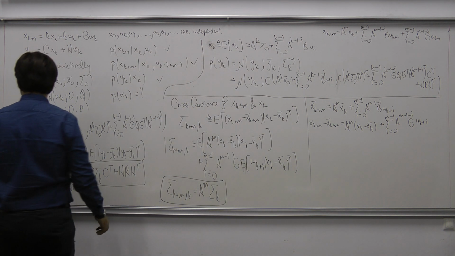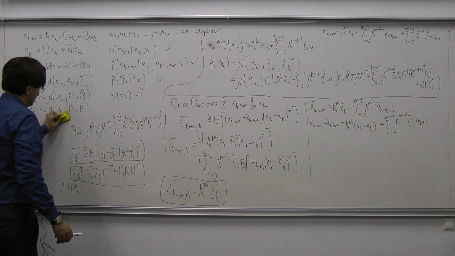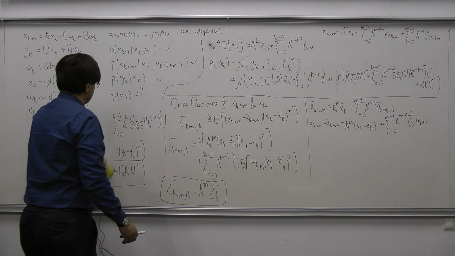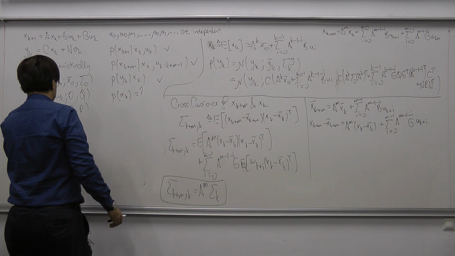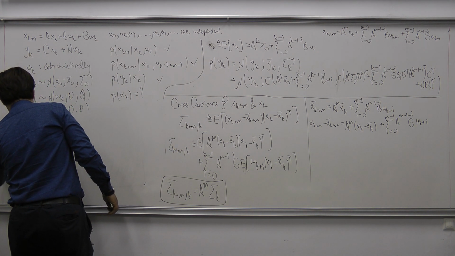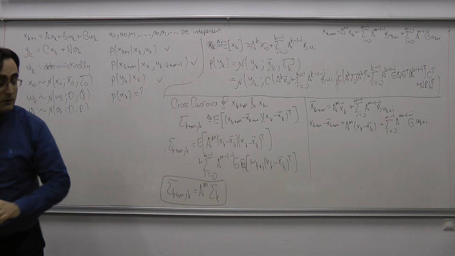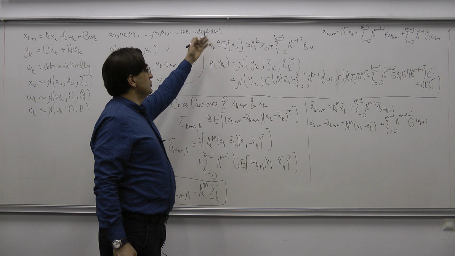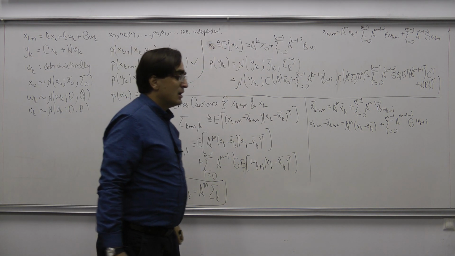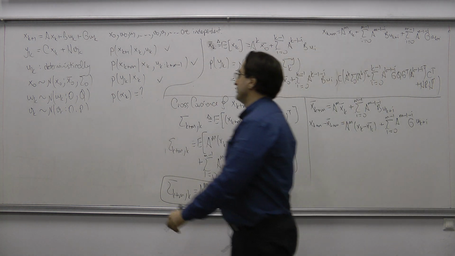Let us try to do it. We have found what xk bar is, and we know also what sigma k is, but we are going to now obtain some recursive expressions for them.